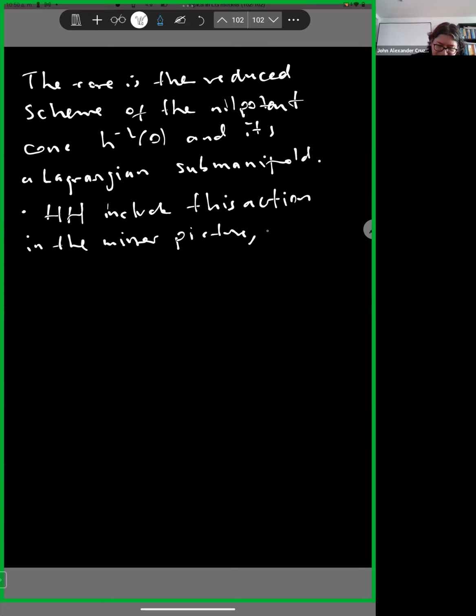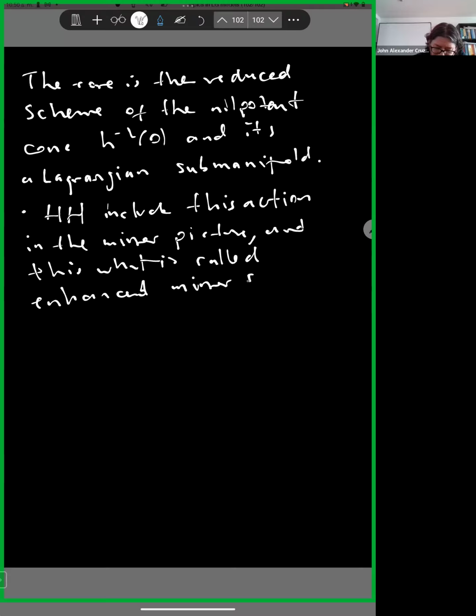And then this is what is called enhanced mirror symmetry. So for the Hitchin system, essentially for me, that's the idea of it.